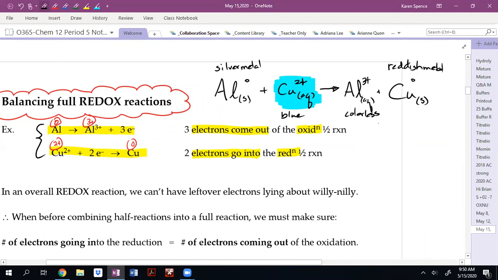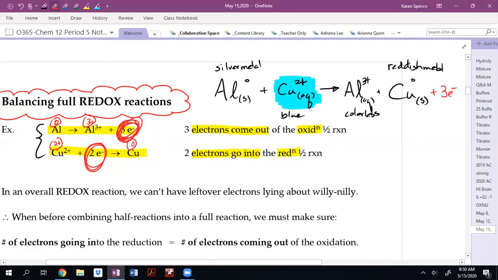However, we have a little problem here because nature does not like an imbalance of charge. Nature always wants everything to be neutral, because if you have a buildup of negative charge, those negatives are going to repel each other, and that is unstable. And nature's like, no, no, please make sure I have the same amount of positive and negative charge everywhere. So if we have aluminum giving off 3 electrons, but copper is only taking 2 electrons in, that means we would have also as a product 3 electrons coming out.